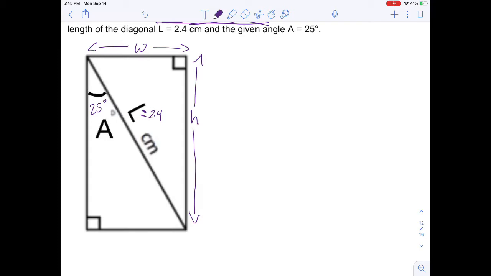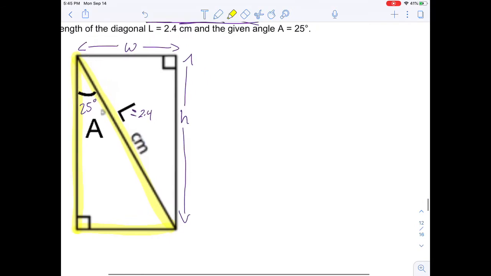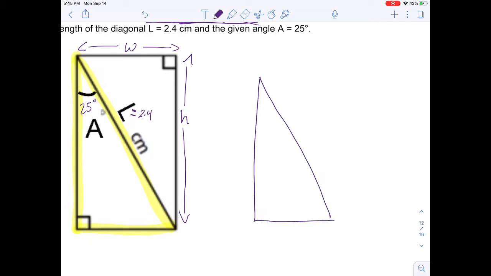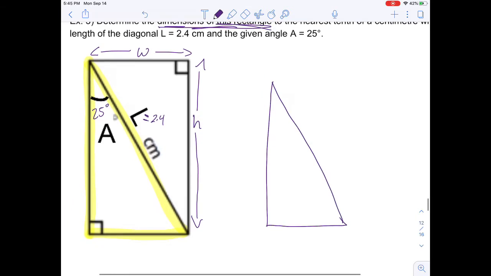Now recognize we are given a right triangle. So let's take that triangle out and focus on it. What do we know about it? Well, we know this is 25 degrees. We know that this is a right angle, so it's a right triangle.